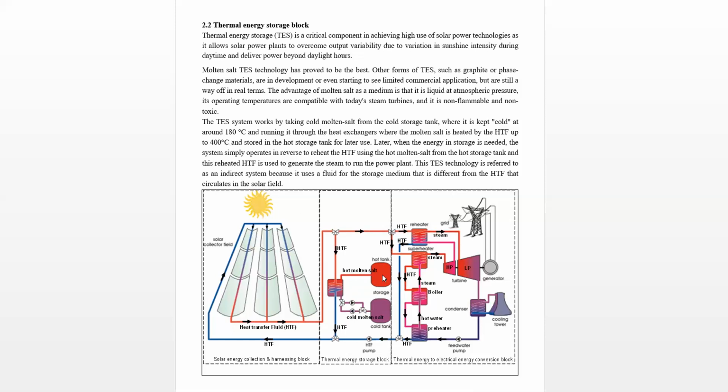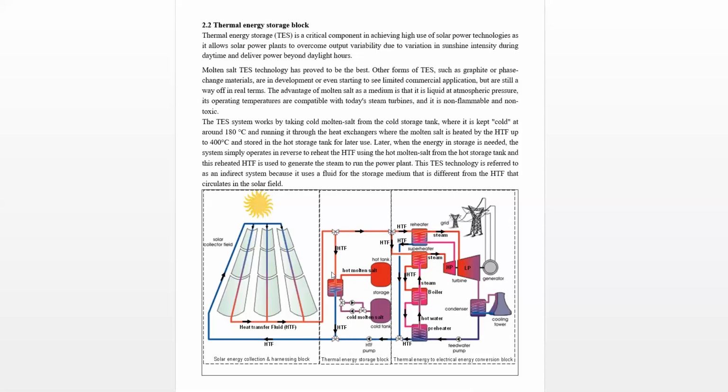Now, when there is a requirement of this stored energy, this system works in a completely reverse order. Now suppose there is a need of energy. What happens? The heat transfer fluid is moving in the downward direction, but this heat transfer fluid is not at a sufficiently high temperature.